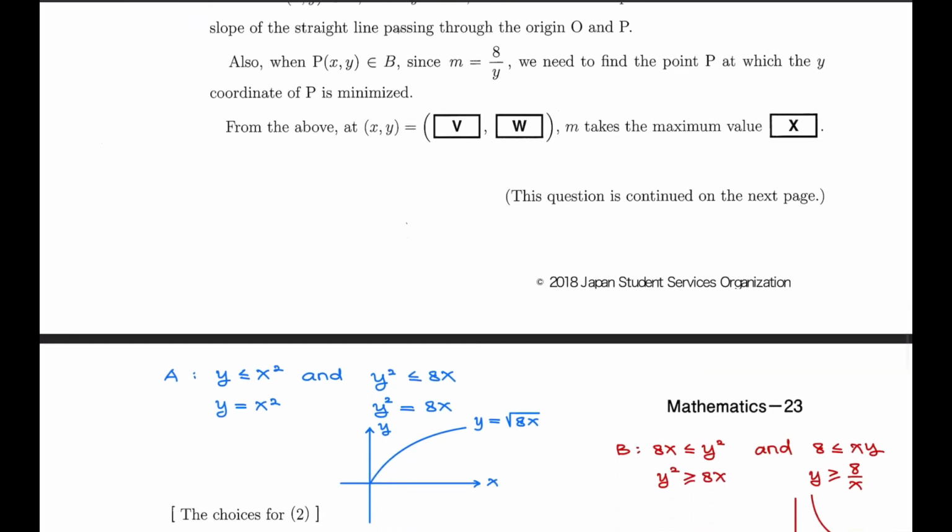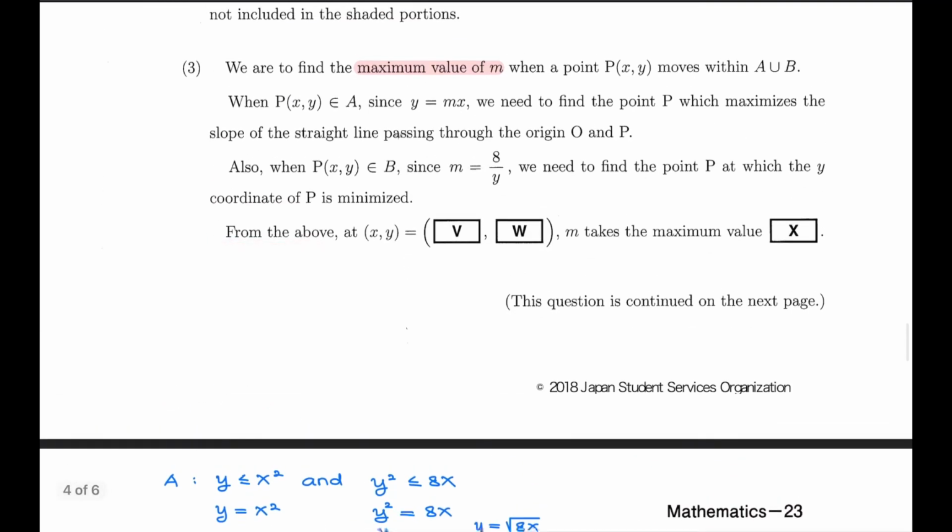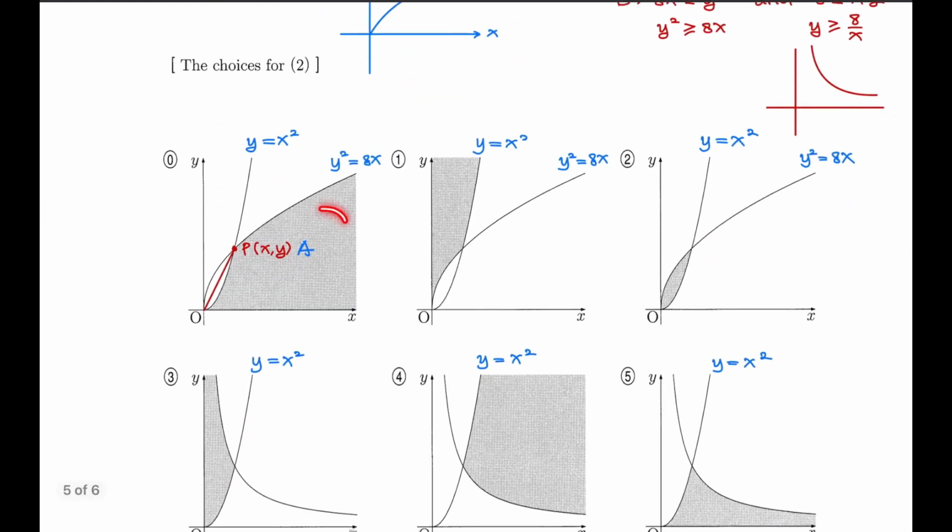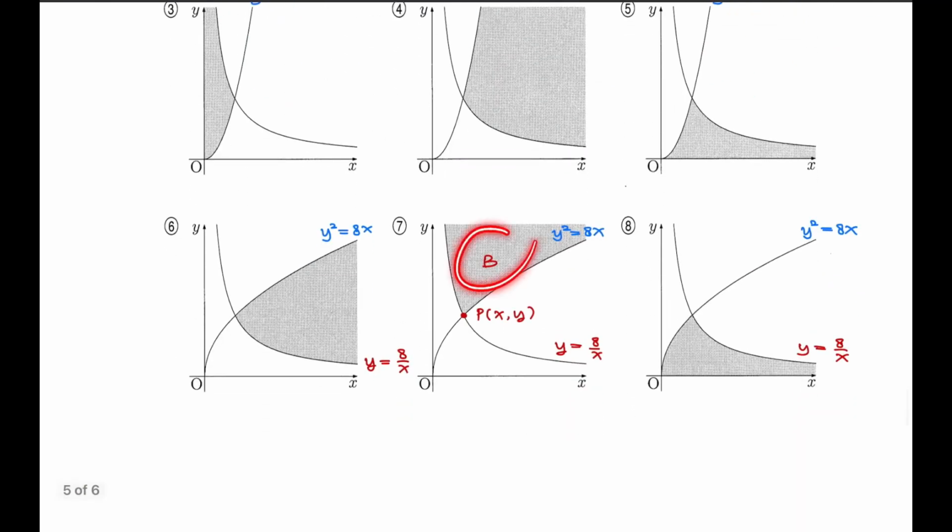Then the question asks, from what I explained earlier, at x, y, m takes the maximum value, so we want to find the coordinates of P. We can find them from region A or from region B, and I'm pretty sure the answer must be the same.